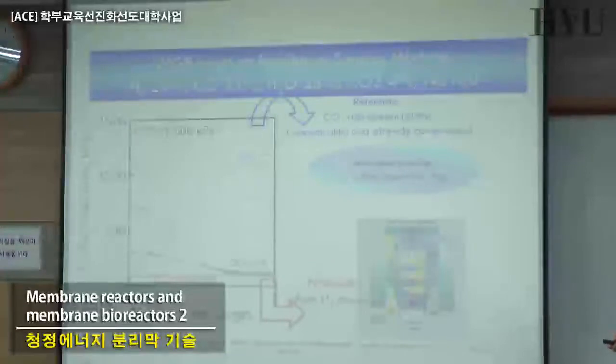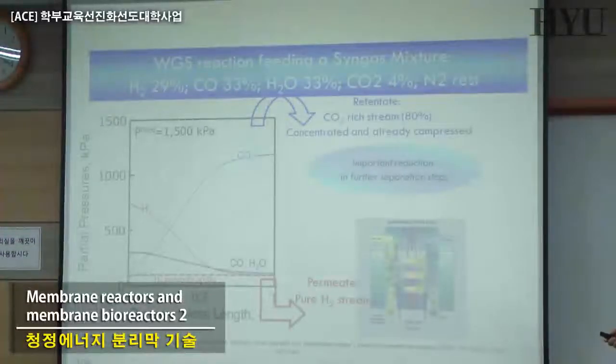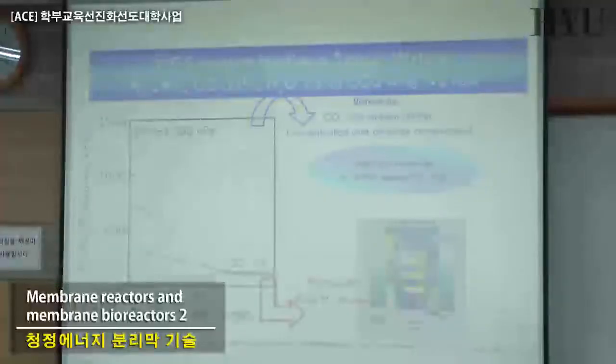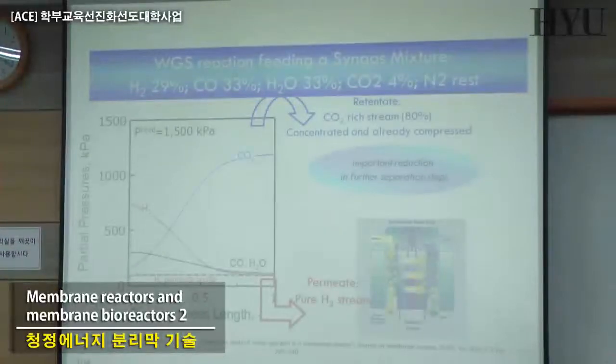The partial pressure is plotted as a function of the length. That's another parameter you have to measure carefully, because depending on the configuration of your reactors, you have to be sure how long your system will be, because a part of the reactor does not work, since the driving force can be just negligible and there is no production of hydrogen.